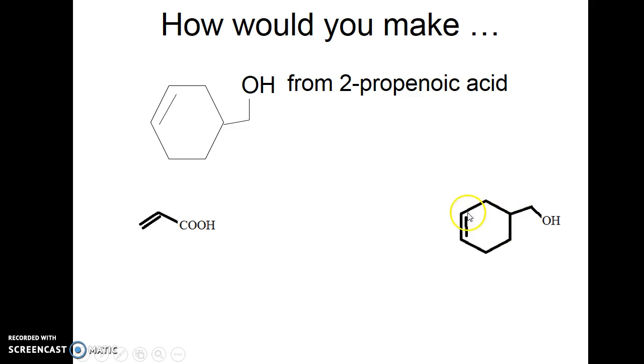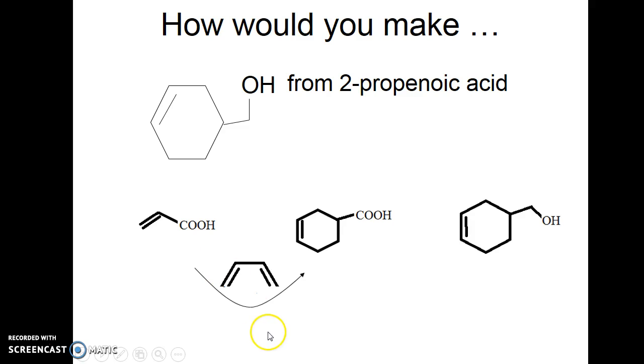And doesn't that make you start thinking about a Diels-Alder? This has got to come from a Diels-Alder adduct where this used to be from the diene. So we could react this propenoic acid with a diene, this diene, and we would end up getting this cyclohexene, and that cyclohexene carboxylic acid could then be reduced with lithium aluminum hydride.